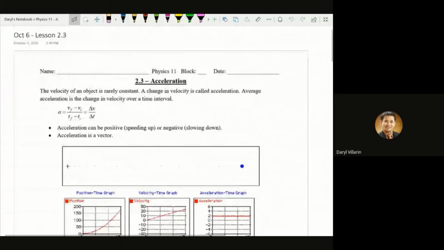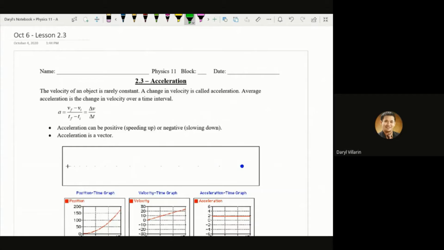Okay, in the previous two discussions, we examined the position time graph, and we found out that the slope of the position time graph gives you the average velocity. And in the second lesson, we went over the velocity time graph.